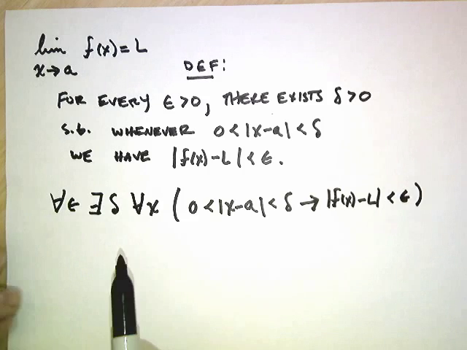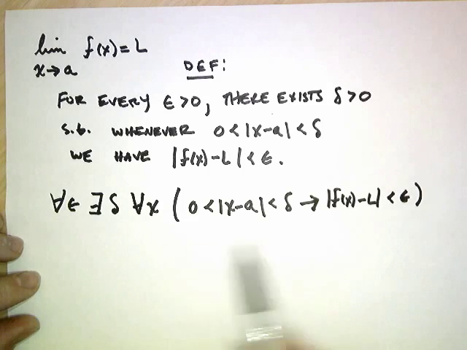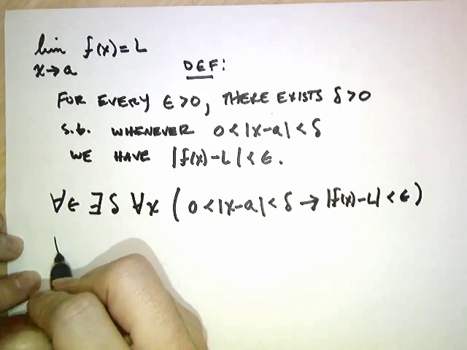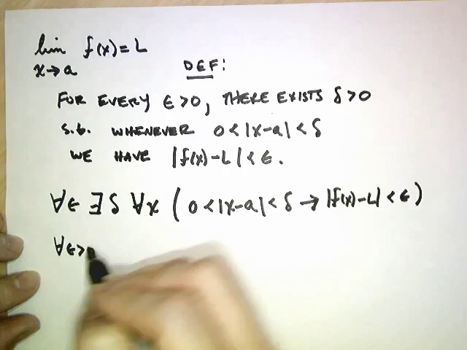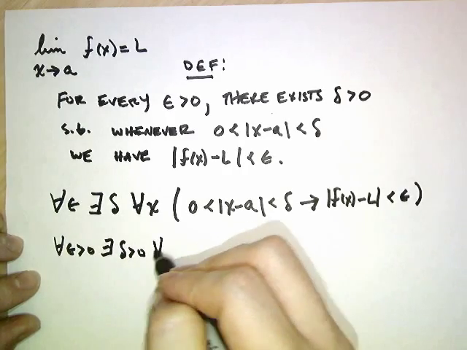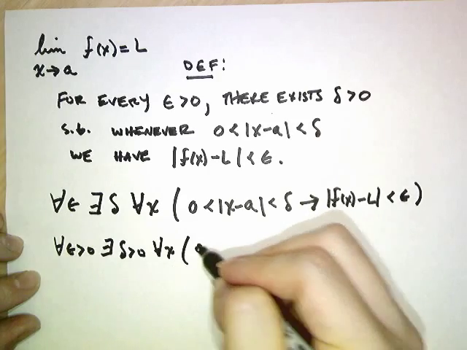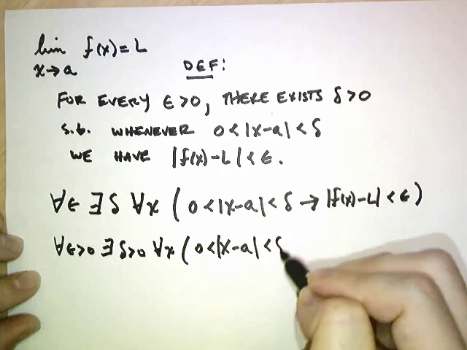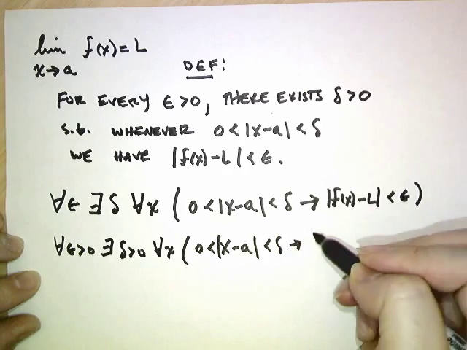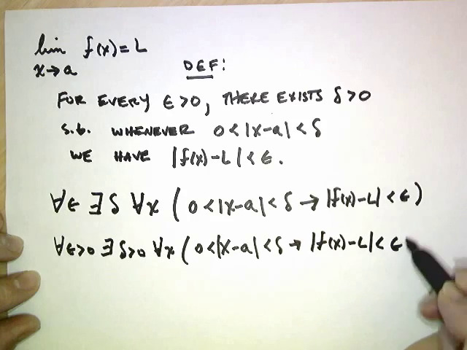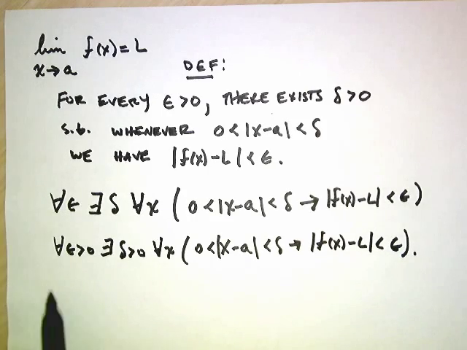Okay, so if we wanted to be just a little more specific about what epsilon and delta have to be, we can write for every epsilon greater than 0, there exists a delta greater than 0, such that for every x being within delta of a implies that f of x is within epsilon of L. Okay, this is the formal definition of a limit.